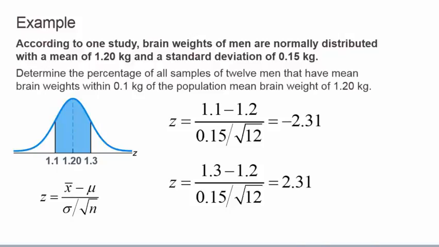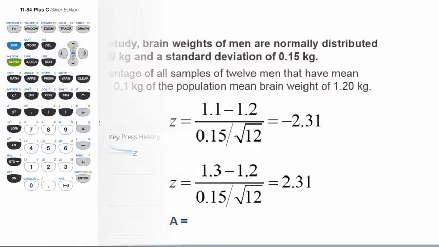The shortcut way to find the second z-score, since our normal distribution is symmetric about the mean: once you find z equals negative 2.31, I can change the sign to find my other z-score of a positive 2.31. Now I would like to find the area.